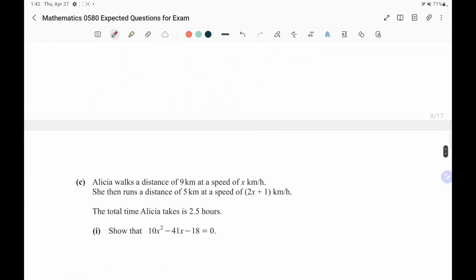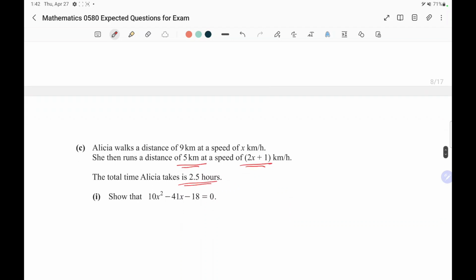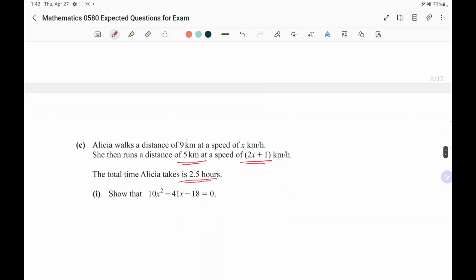Now next question. Alicia walks a distance of 9 km at a speed of x km per hour. She then runs a distance of 5 km at a speed of 2x plus 1 km per hour. The total time Alicia takes is 2.5 hours. Show that. So time of walking we can find.